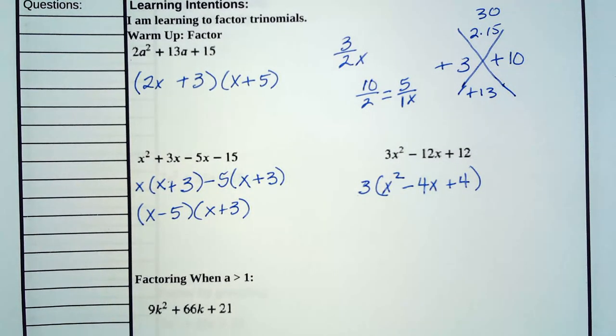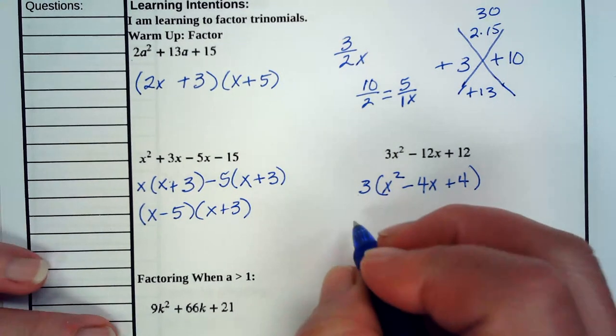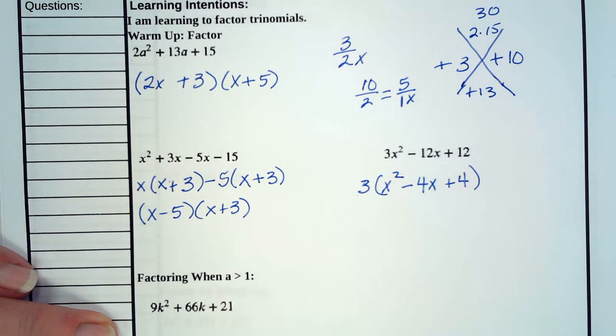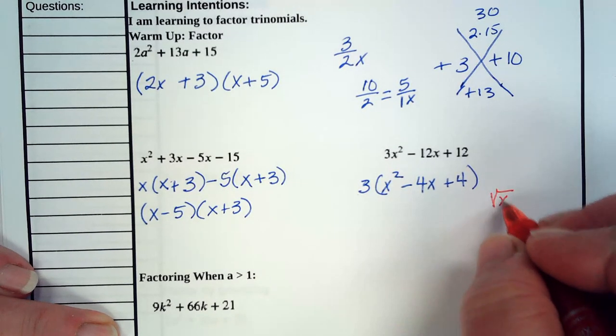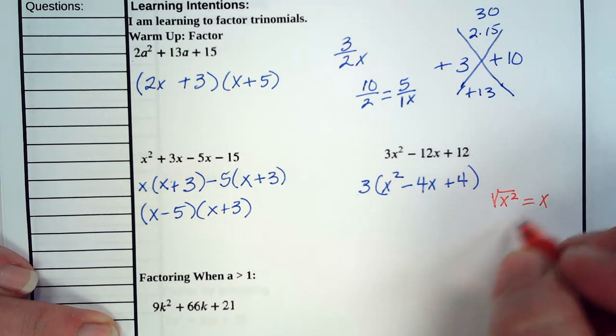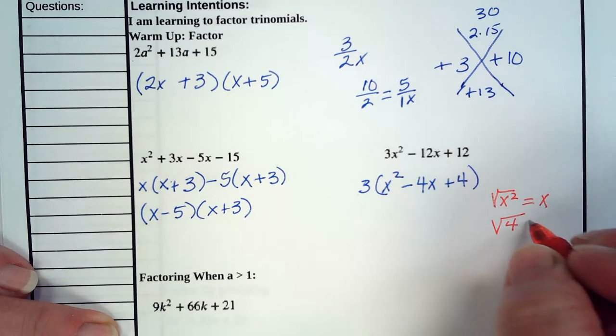Now, I look, x squared is a perfect square. 4 is a perfect square. The square root of x squared is x. The square root of 4 is 2.